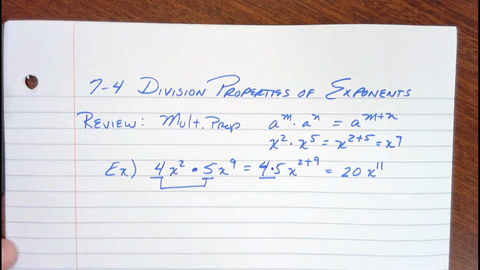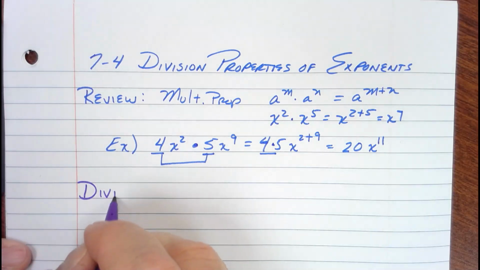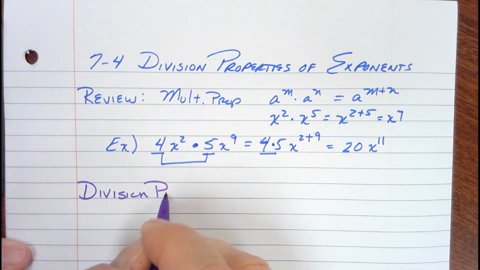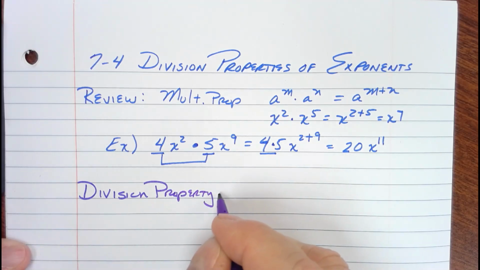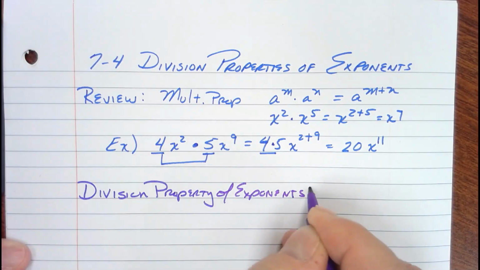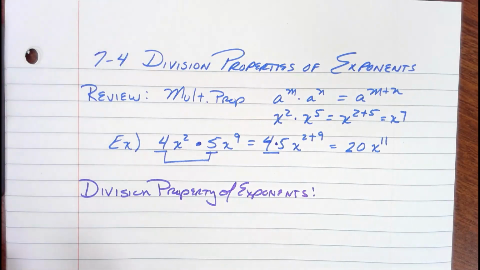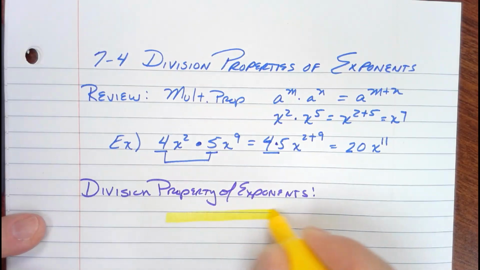Division is the opposite of multiplication. So those division properties say something different, or the opposite of.